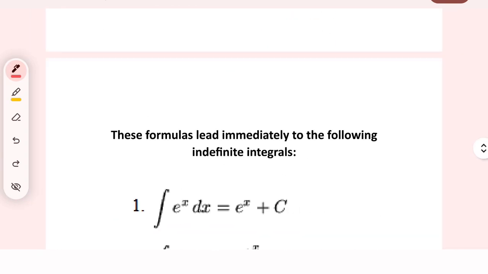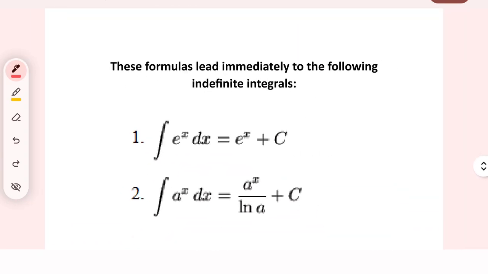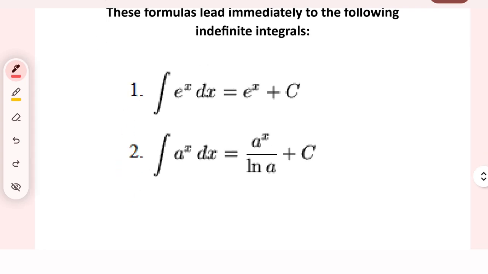These two formulas that I just mentioned could lead immediately to the following indefinite integrals. The formulas that I mentioned would most likely lead to this other list of integral formulas, which I need you to remember as well.